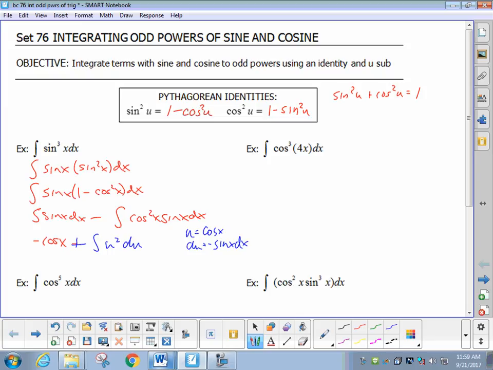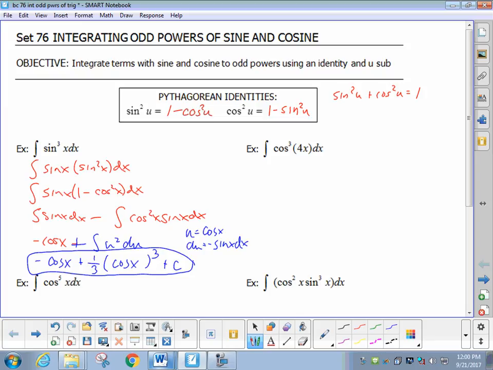Okay. The antiderivative of which is 1/3 u cubed. In the interest of saving space, I'm going to do that and sub back with 1/3 cosine cubed plus C.